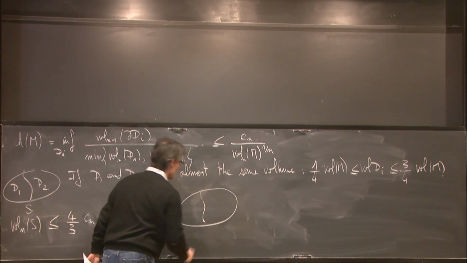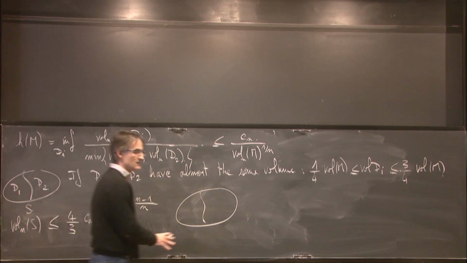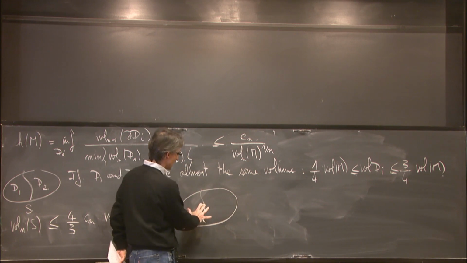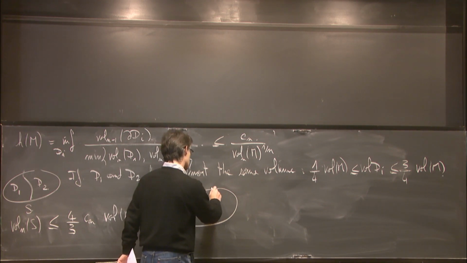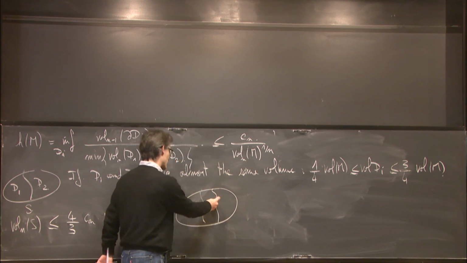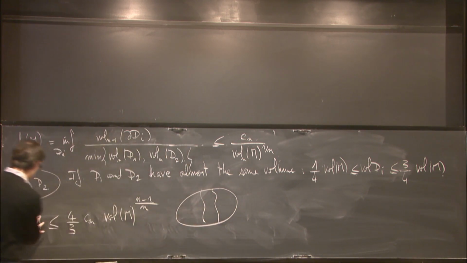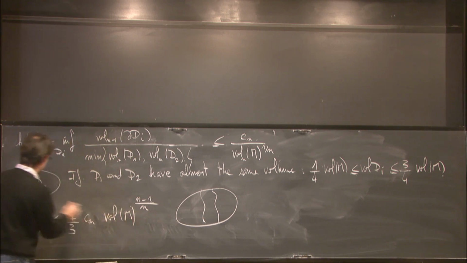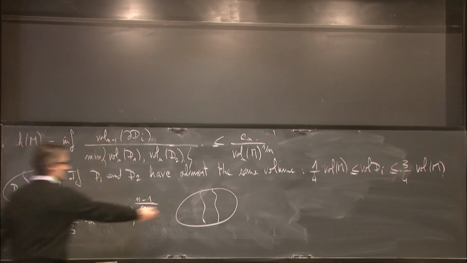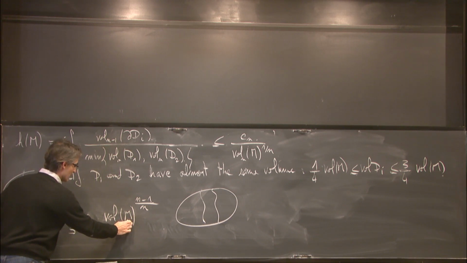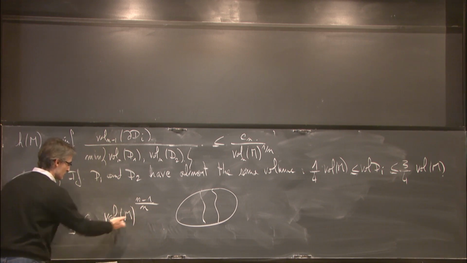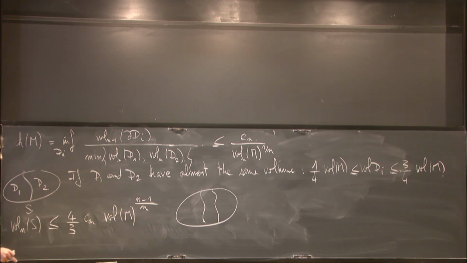If we're lucky, we would cut it with a hypersurface satisfying the same inequality. Actually, if I consider D2, you replace the volume of M with the volume of D2, which of course is less than the volume of M, and that goes in the right direction.